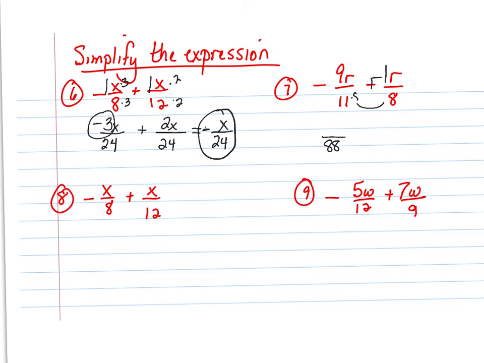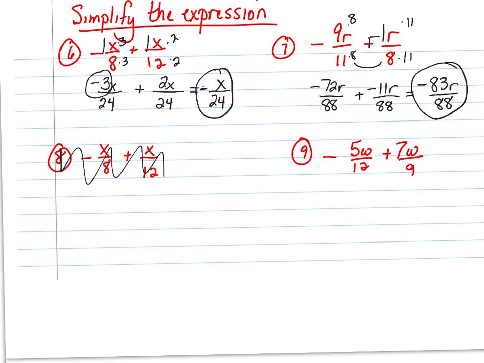So 11 times 8, that's times 8, that's negative 72R, plus that times 11, that times 11 is negative 11R over 88. Since they're both negatives, I'm going to add them together and I get negative 83R over 88.